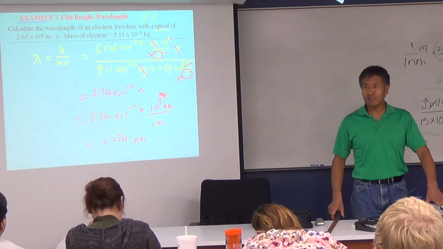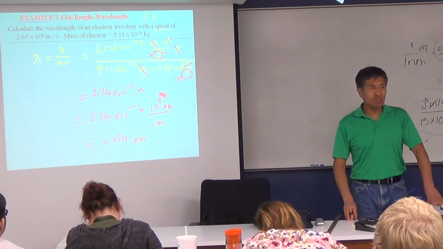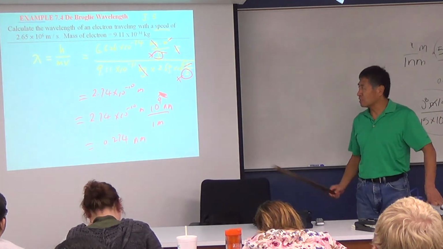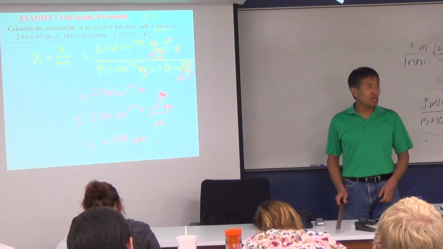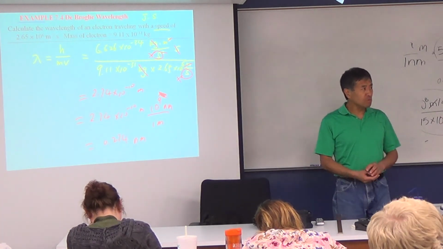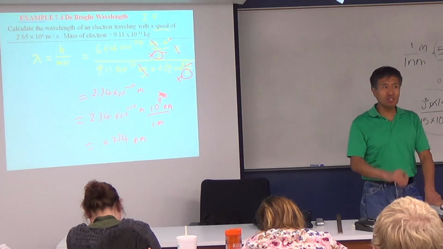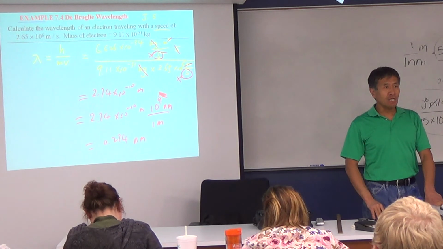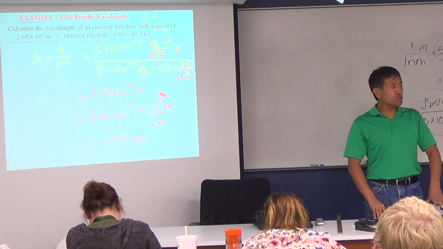But you compare it with the size of the atom. So it's comparable. This kind of dimension, 10 to the negative 10, is about the radius of an atom. Which means those kinds of electron waves can really exist in the atom, and so you can measure those kinds of behavior.